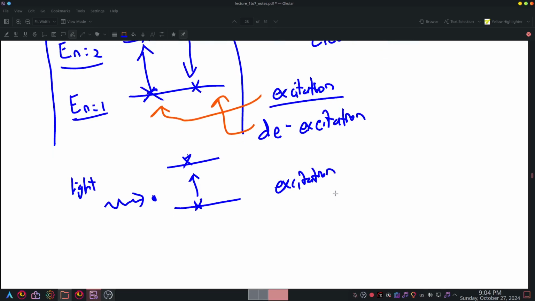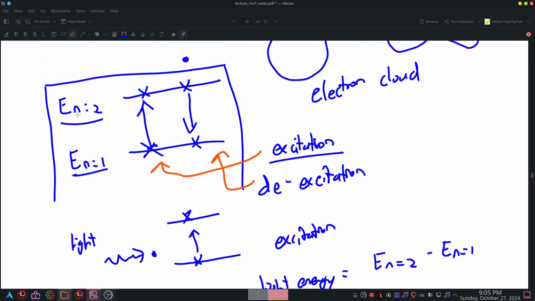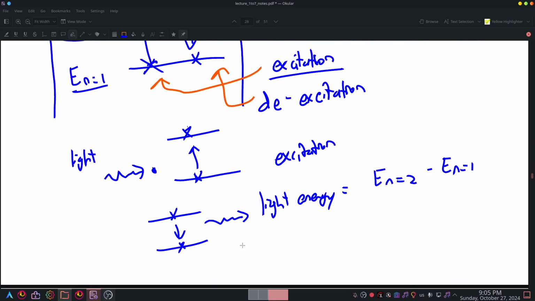When you have a de-excitation process, you release light, and the light energy equals the difference between these two energy levels. So E at n equals 2 minus E at n equals 1, that will become your light energy.